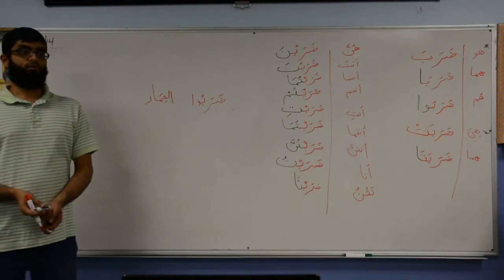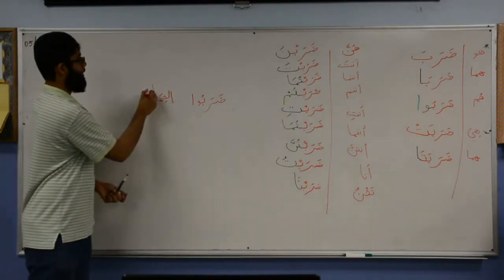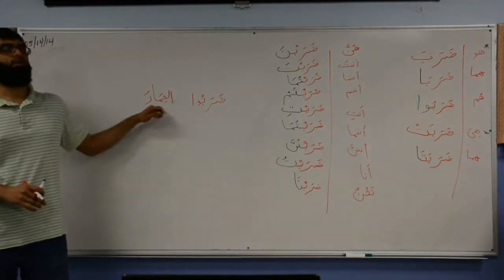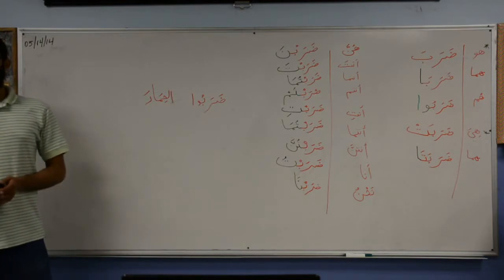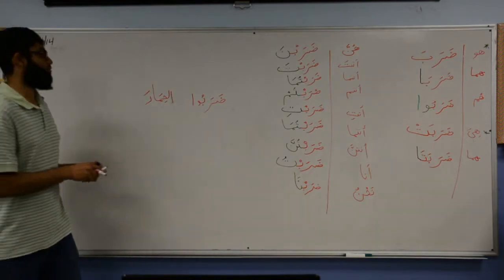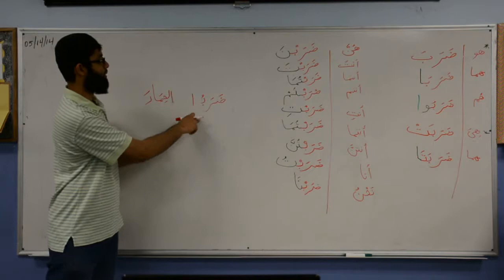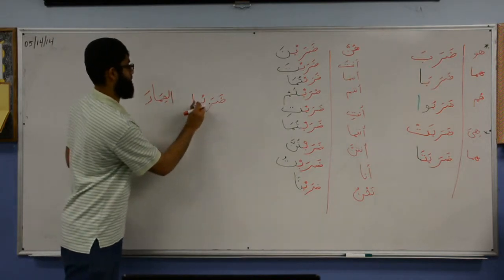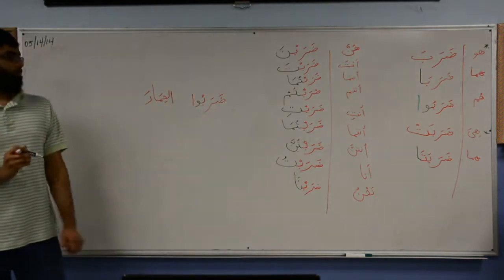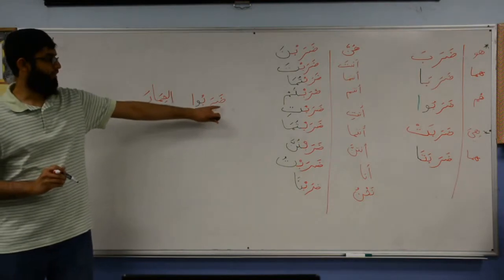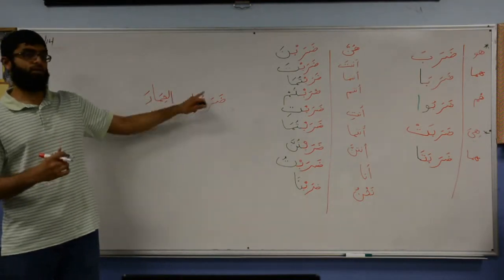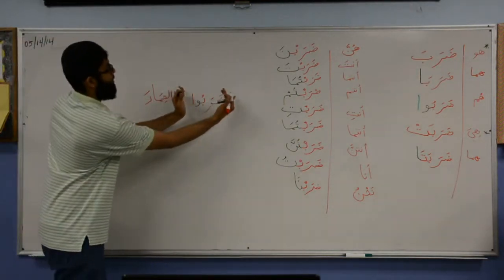Donkey? No. Al-himar. So, they hit the donkey. Darabu, right? So, this wow here is going to be my subject, because I have the fi'l, the verb, and the subject both contained in darabu.